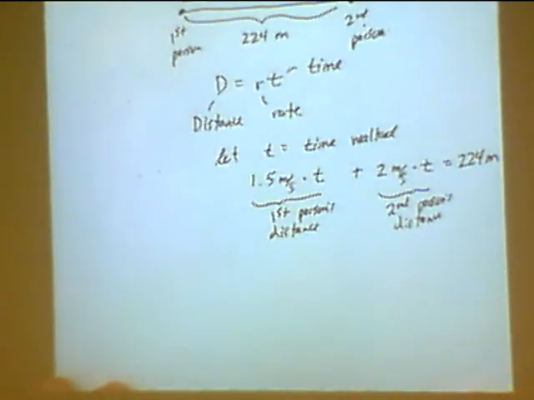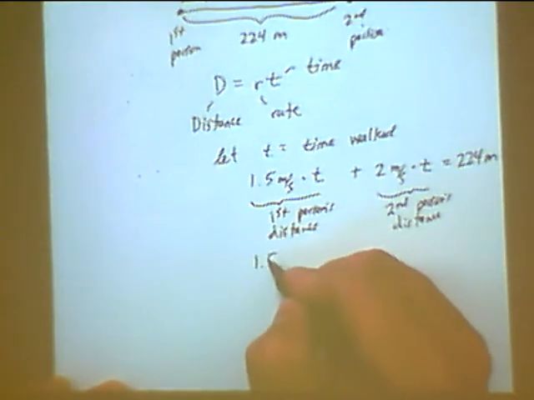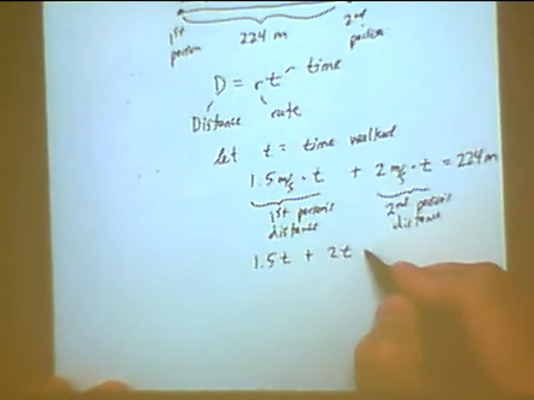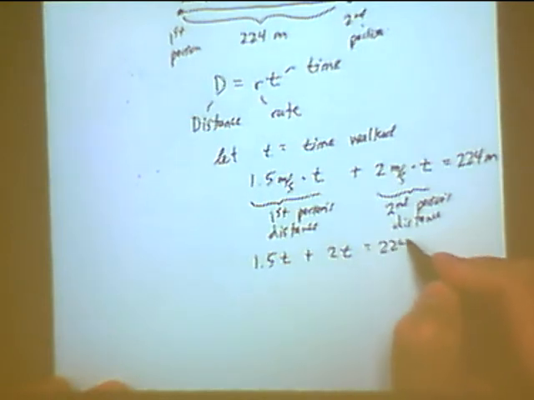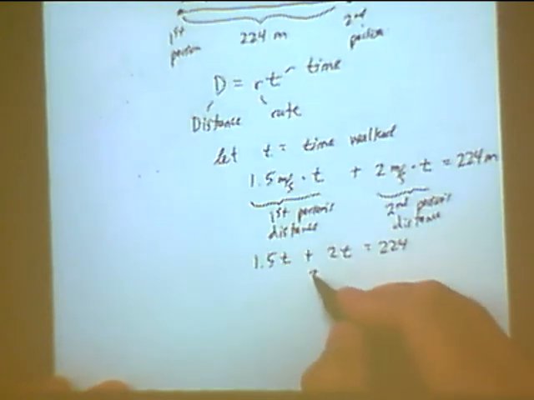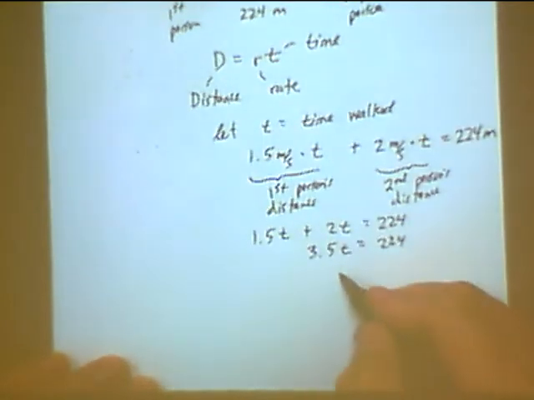So now, if I just look at the math part of this, I have 1.5t plus 2t equals 224. And now I can solve for t. 3.5t equals 224.